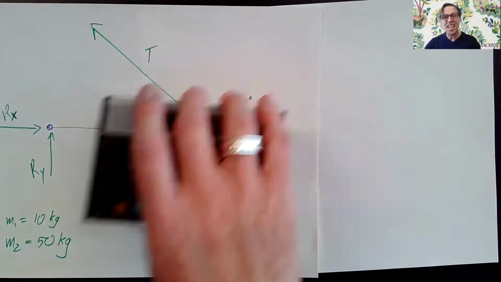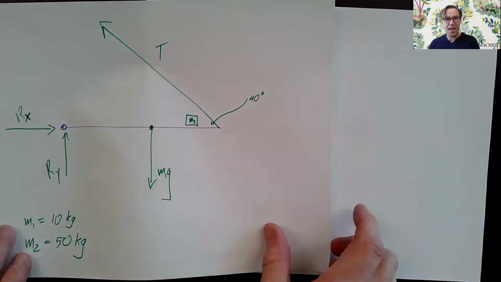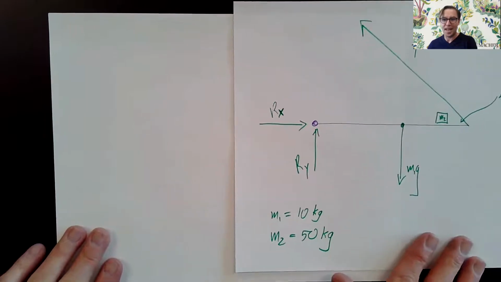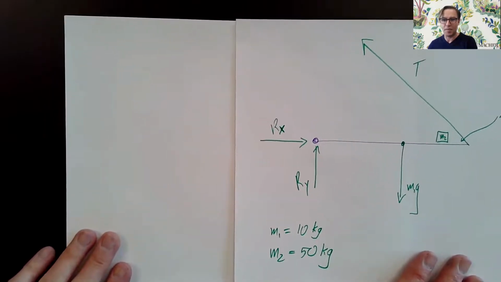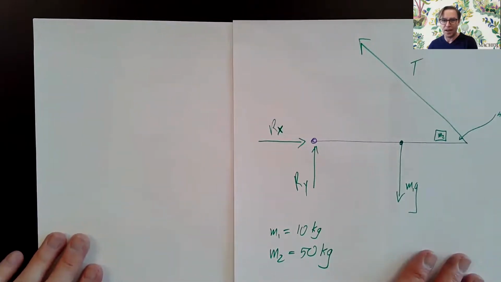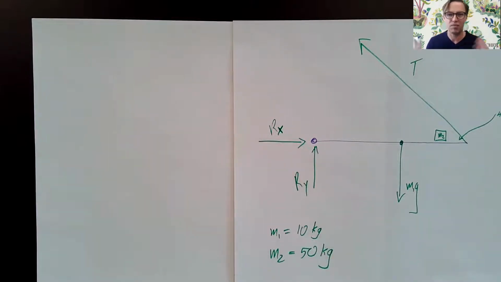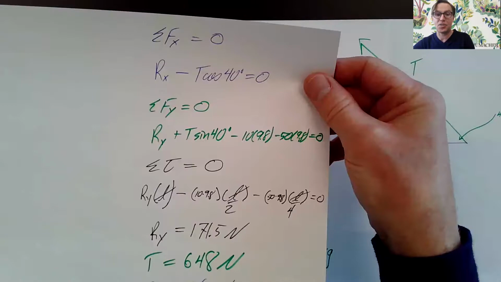Now let's take the same problem and use the left end as the pivot point. So you see how I've done that. Now I'm going to use the left end as the pivot point. So I'm going to write my equations over here, just to be fun and make it look different. And I'm expecting to get these same answers.